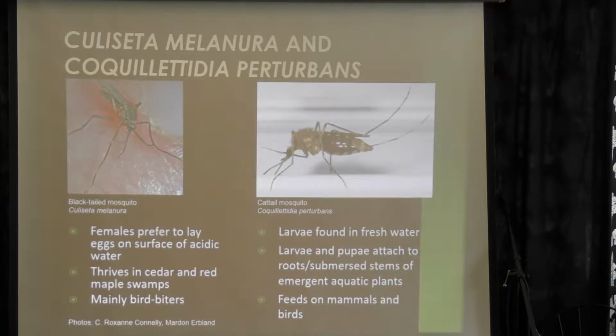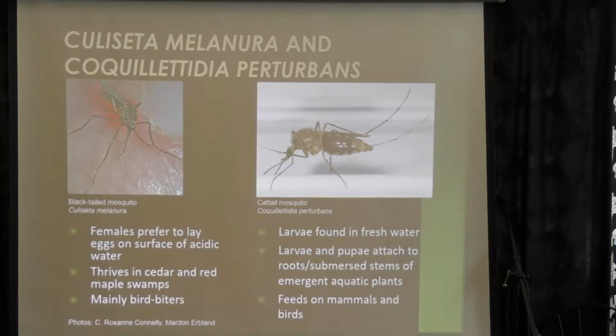The other species, again, Coquillettidia perturbans, is really interesting to me because it lives in freshwater, and the larva and the pupa, when they're in that aquatic phase of their life cycle, attach to the underground roots and stems of aquatic plants. They call it the cattail mosquito. The cattail is just one example. Basically, they need oxygen.